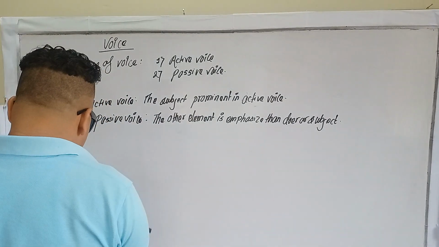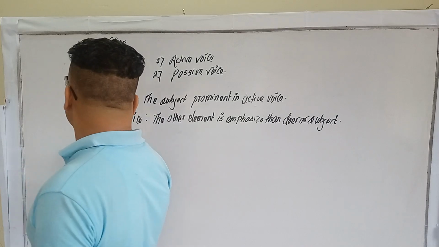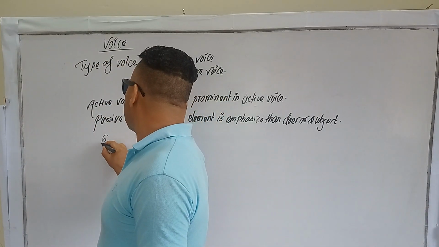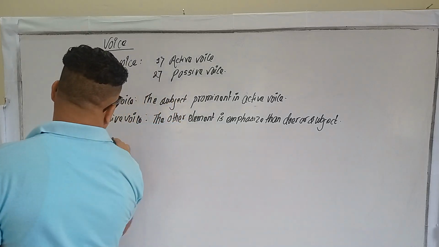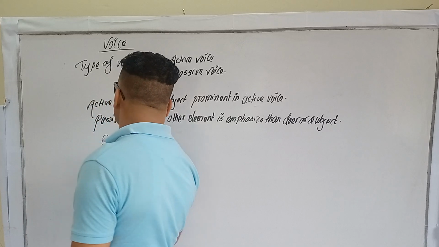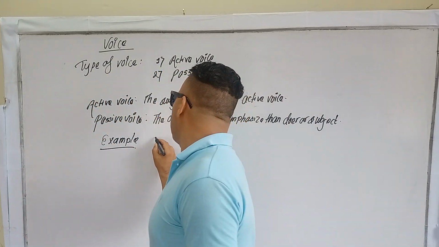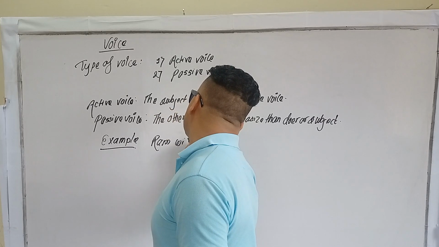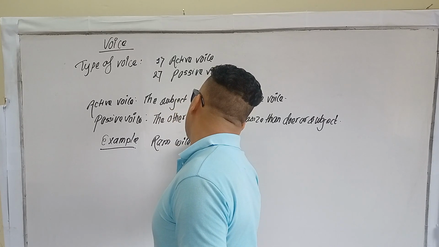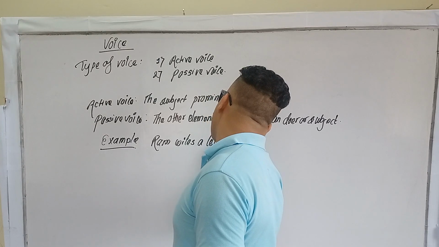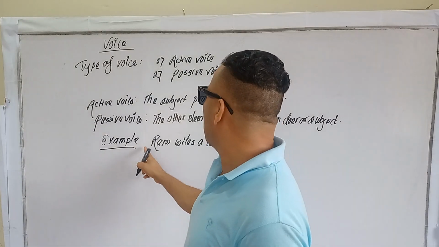Alright, let's see an example. Suppose Ram writes a letter. This is active voice.